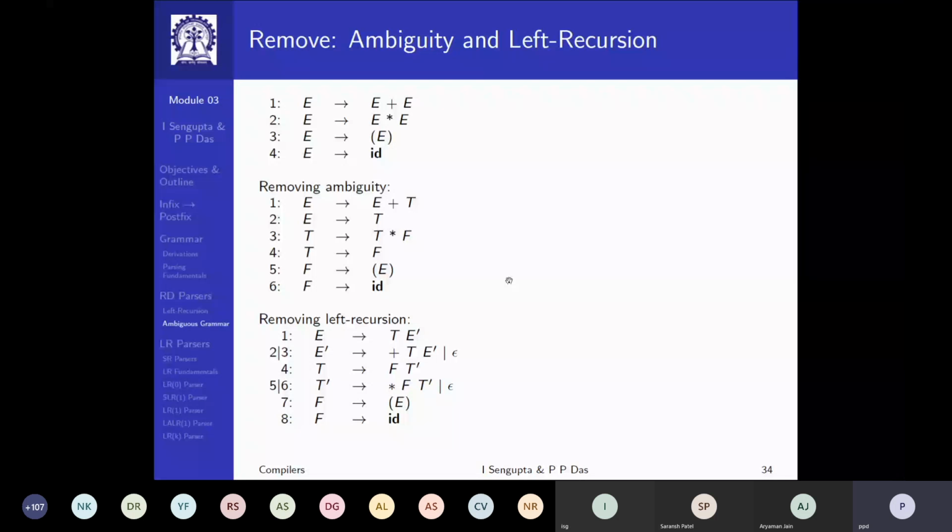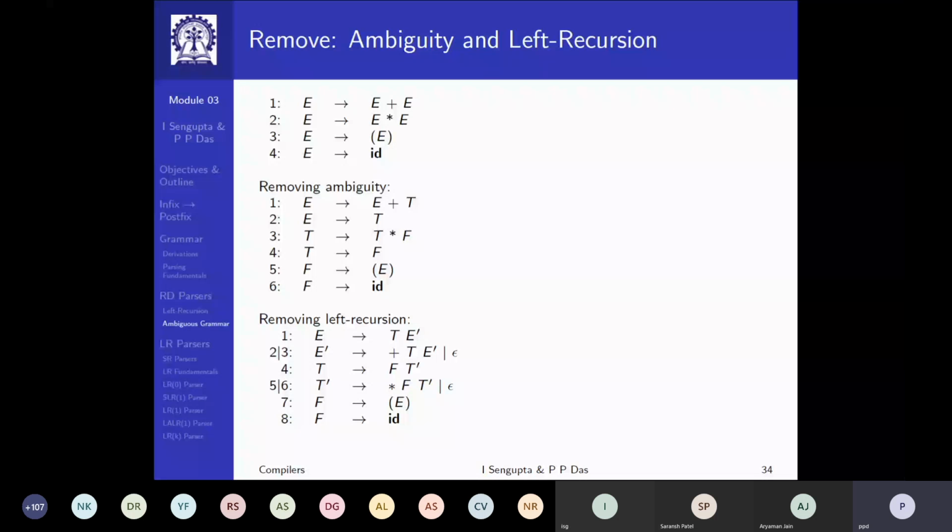Because of these difficulties, it is not customary that we will use the top-down or recursive descent kind of parsers. There are non-recursive versions of top-down parsers, called predictive parsers, table-driven ones. I will not go into those discussions because we do not have the time to discuss all the different variants.